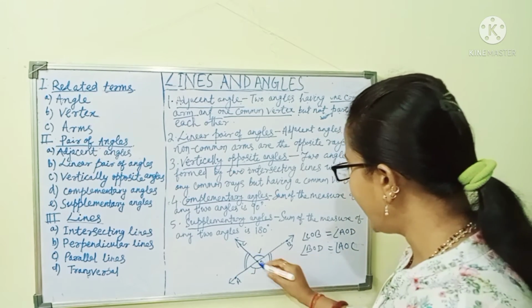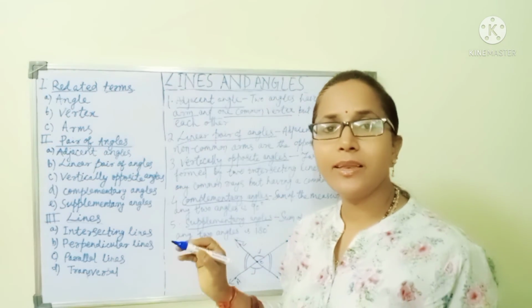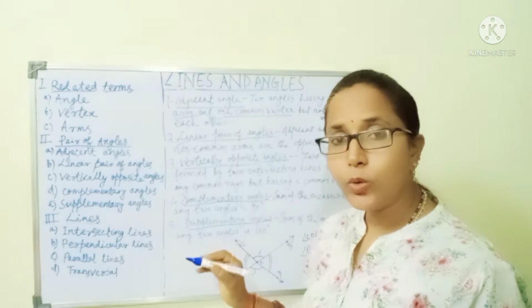Vertically opposite angles are always equal to each other.